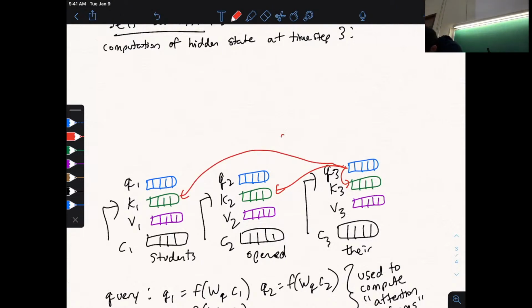So specifically, our attention scores is going to be a vector of 3 numbers. So we're going to have Q3.K1, Q3.K2, and Q3.K3. So I get these dot products, right? And if you remember when I talked about the softmax function, I said you're going to see this function over and over again in this class, and we see it right here.